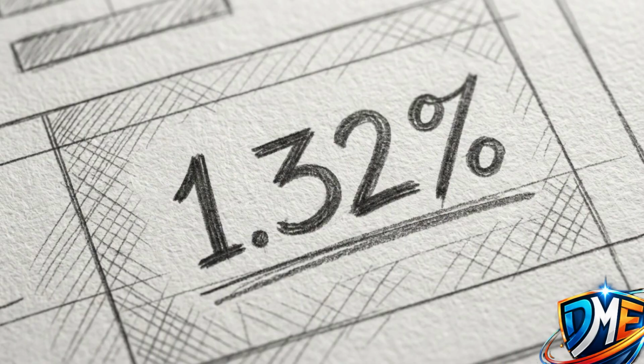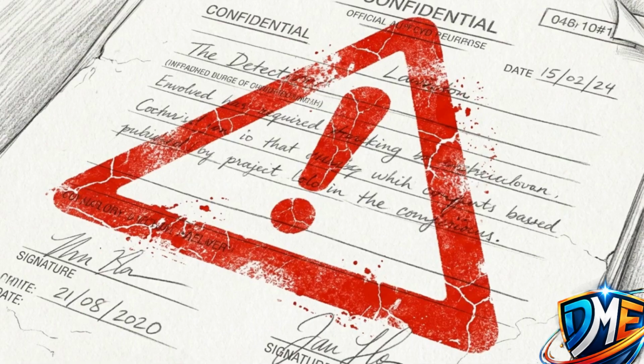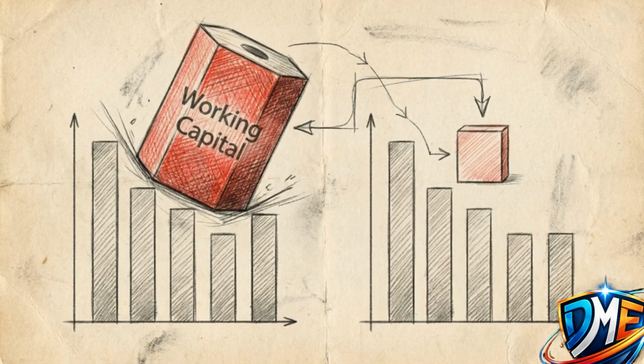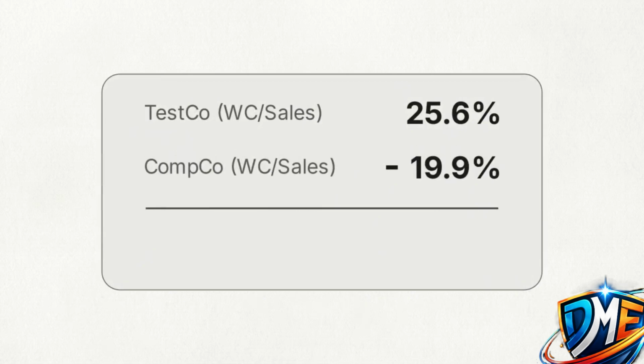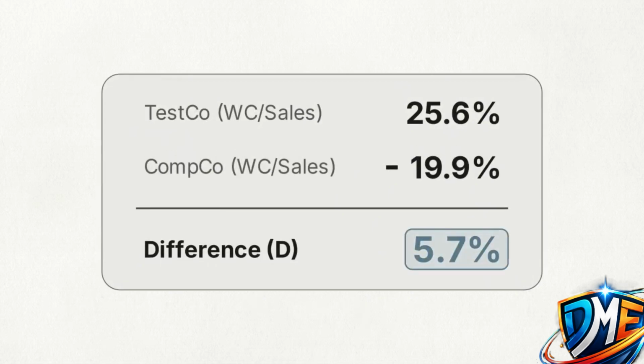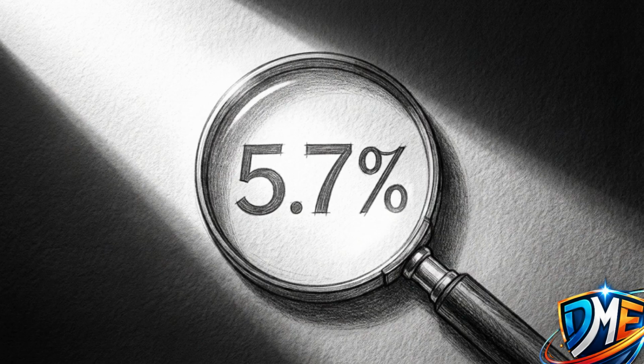Attempting to benchmark TestCo against this unadjusted 1.32% margin right now would yield a flawed and indefensible transfer pricing result, because it ignores the disparity in their capital efficiency. Subtracting CompCo's 19.9% from TestCo's 25.6% isolates a precise 5.7% difference. Extracting this variance is the required mechanism to make the hidden funding gap mathematically visible.